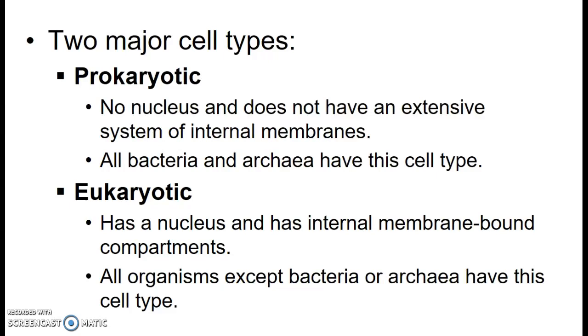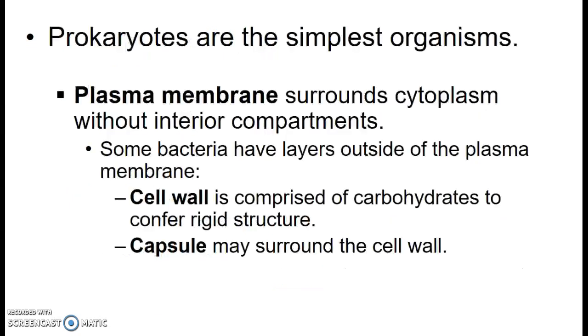So eukaryotic cells have a nucleus that is surrounded by a nuclear envelope or a nuclear membrane. And then the eukaryotes also have a well-developed system of internal membranes, including organelles that are surrounded by membranes. Organelles are cell parts. And then all organisms except for bacteria and archaea are eukaryotes.